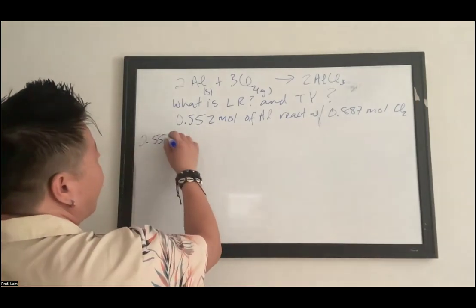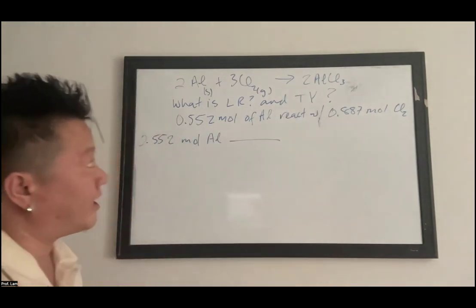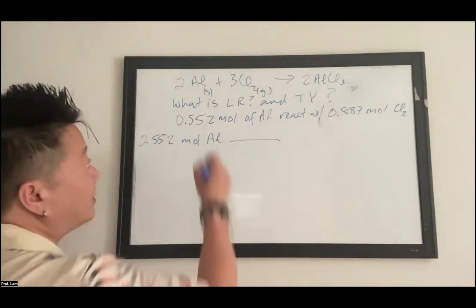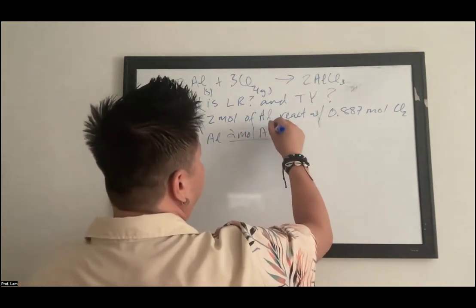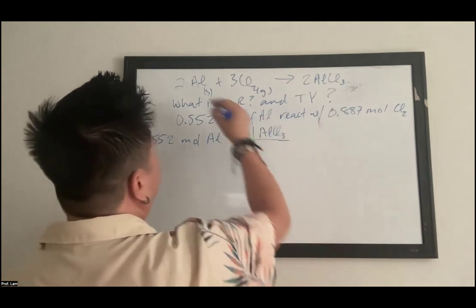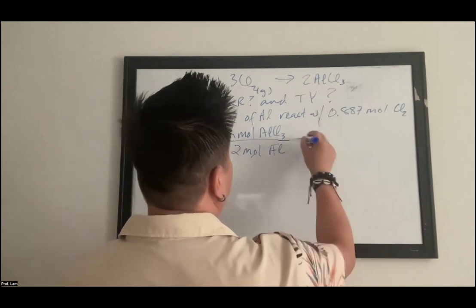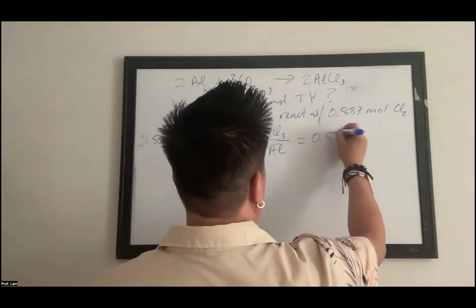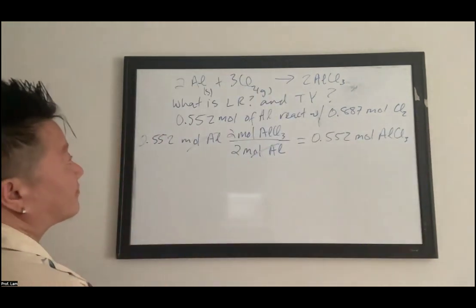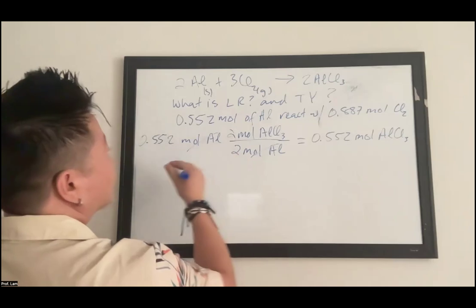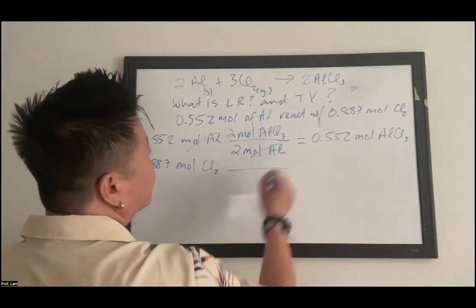Let's start with 0.552 moles of aluminum first. We need to get to the products, right? We always need to get to the product first, remember, before determining the limiting reactant. So 2 moles of AlCl3 on top and 2 moles of Al on bottom. So that can cancel, and we get 0.552 moles of AlCl3. Then we go to 0.887 moles of Cl2.